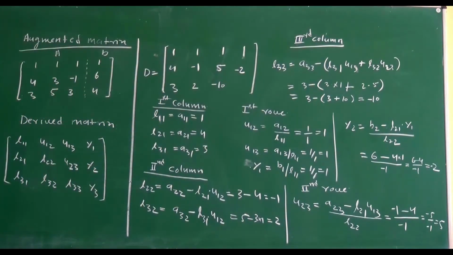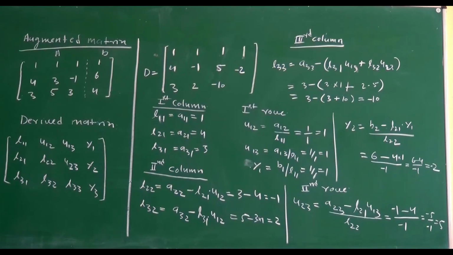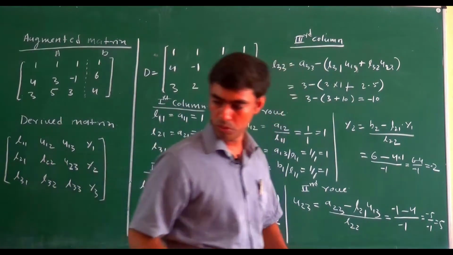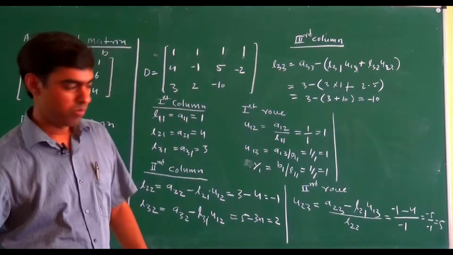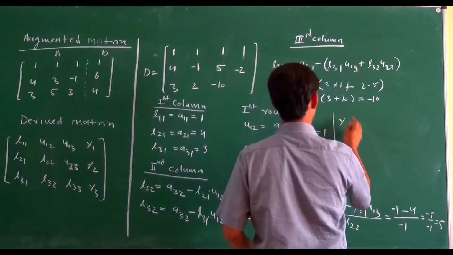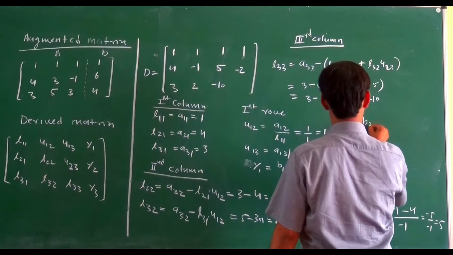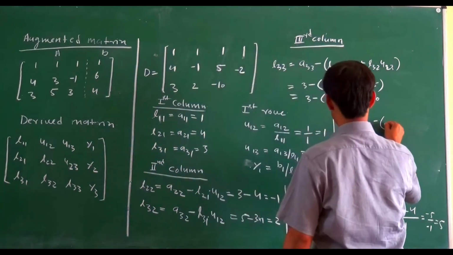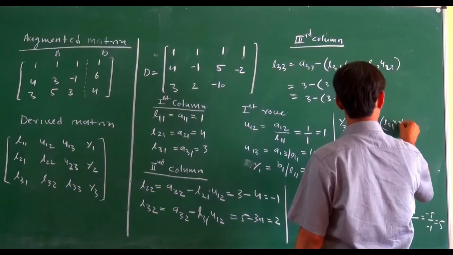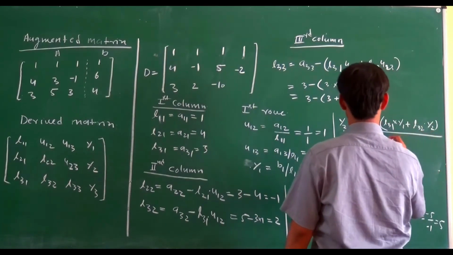In a similar manner, we find the value of the third column. What is the value of the third column? The value of U33 is Y3. What is the value of Y3? Y3 equals V3 minus L31 into Y1 plus L32 into Y2, divided by L33.